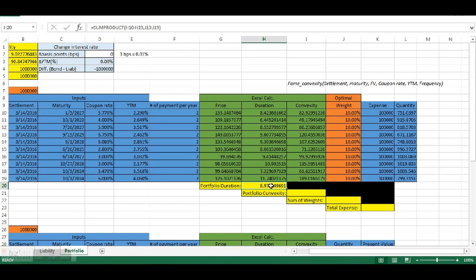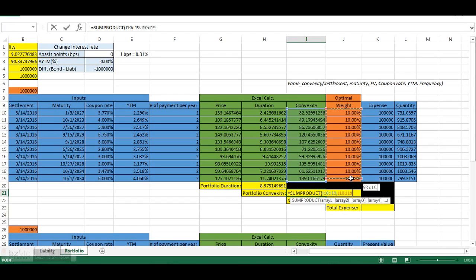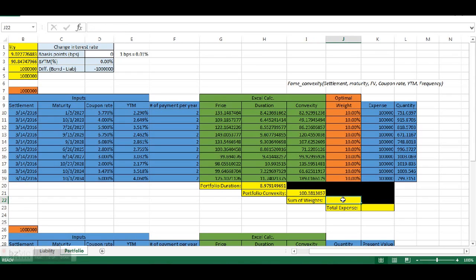So that is our portfolio duration. We also have the portfolio convexity. Again, it's just the weighted average of individual convexity, the sumproduct with weight. So that is our portfolio convexity.